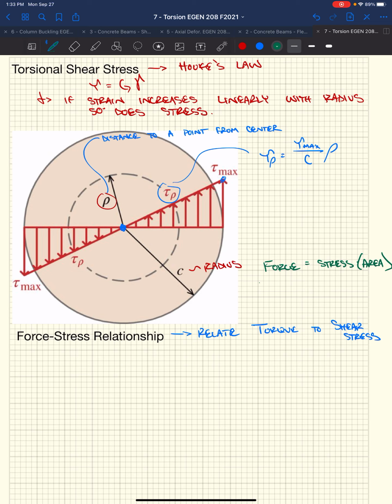And I also know that a moment is force times the distance, right? Or force times our moment arm. So if we know stress, we can get to an area, we can get to force. If we know the moment arm in which that force acts, we can get to moment. And the moment is essentially the torque, right?